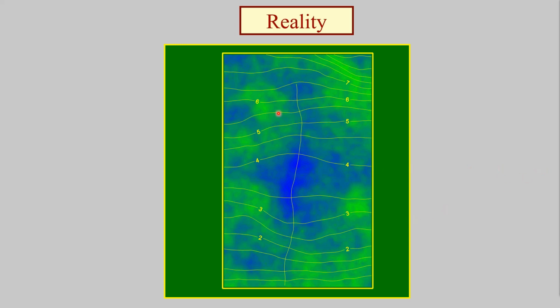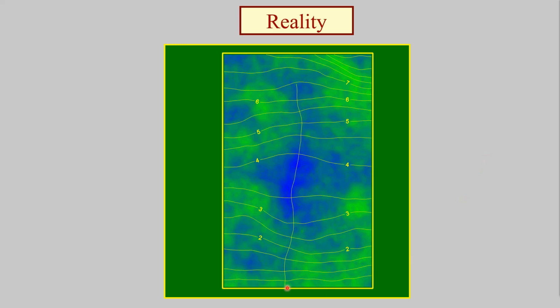This is what that parameter field looks like, with higher Ks, higher hydraulic conductivities being indicated by blue areas, and lower hydraulic conductivities demarcated by green areas. Using MODFLOW, in this case, as my model, and using that hydraulic conductivity field I can calculate heads throughout the model domain. I can then use those heads as a calibration data set to infer a parameter field, and then I can make a prediction of particle travel time and emergence location using the calibrated parameter field.